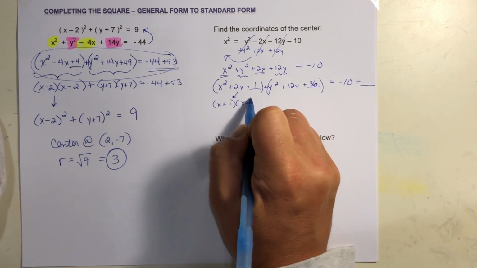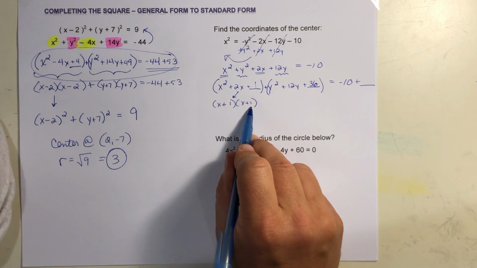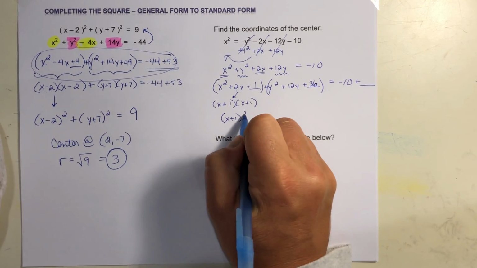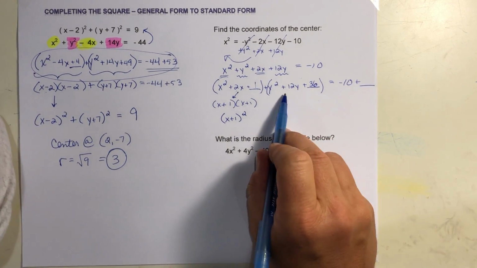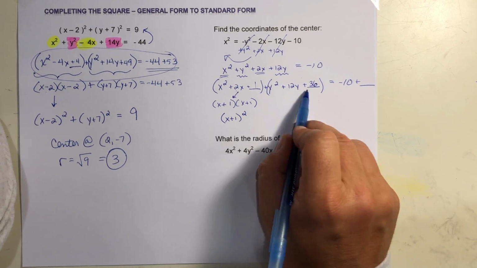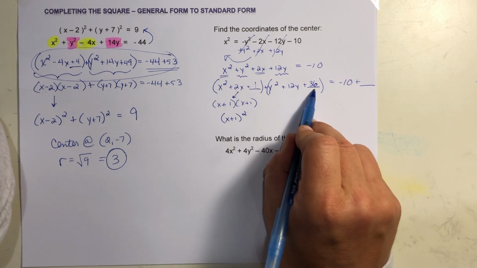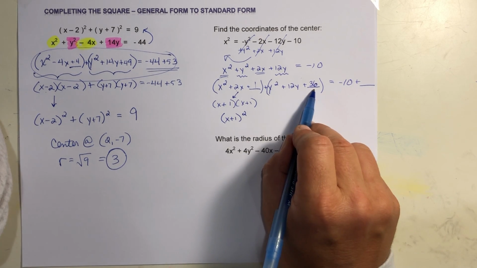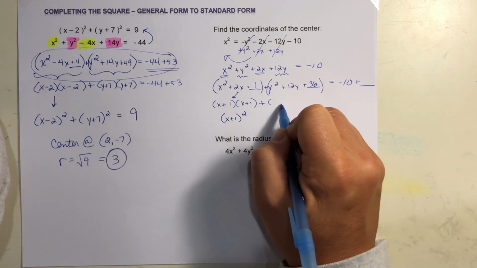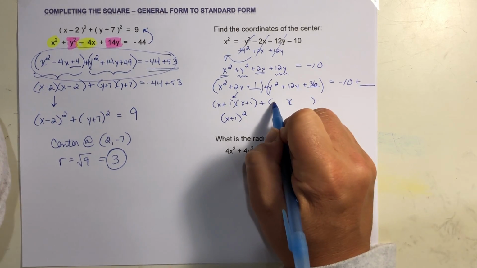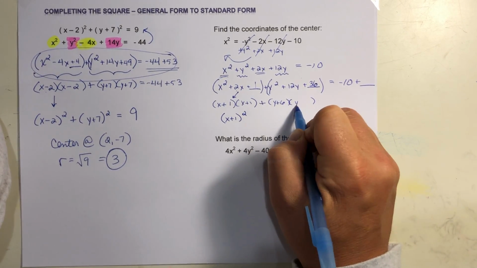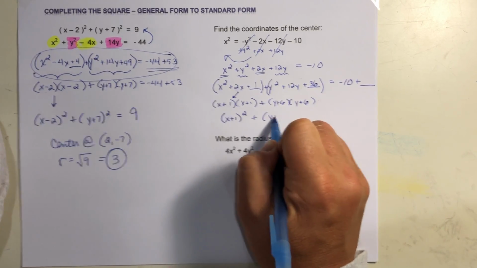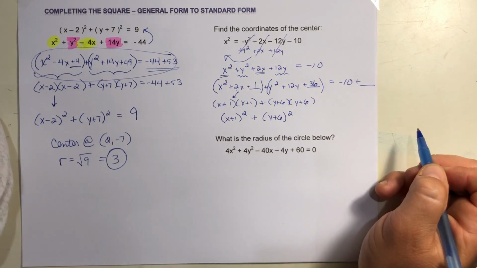If you want, you can skip this step if you start to recognize it, but that will now factor into x plus 1 quantity squared. I've created a perfect square trinomial, and what that now allows me to do is to factor this with identical factors, okay? So I can now rewrite that as y plus 6 quantity squared.